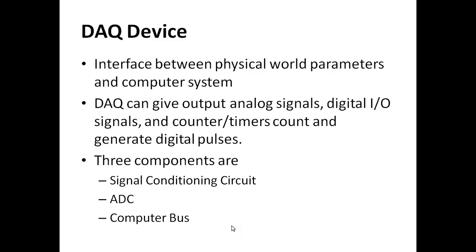It can take digital input and give analog output, take digital input and give digital output, take analog input and give analog output, and take analog input and give digital output. So almost everything can be done using the DAC device. The three components of a DAC device are the signal conditioning circuit, the analog to digital conversion unit, and the computer bus, which is used for connecting to the computer system.